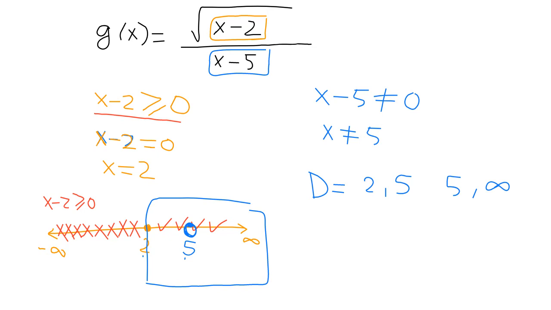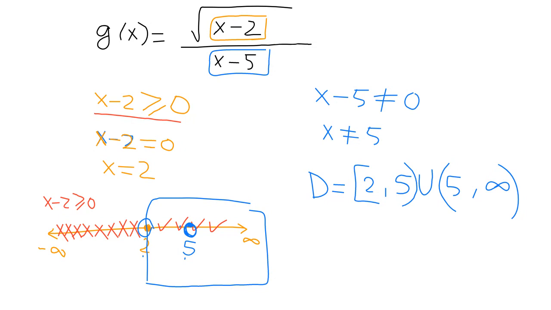At 2, it's closed, as you see. At 5, it's open. And at infinity, as you know, it's open all the time. That's all. This is the domain of this function.